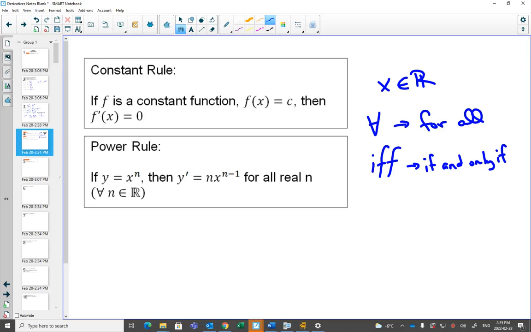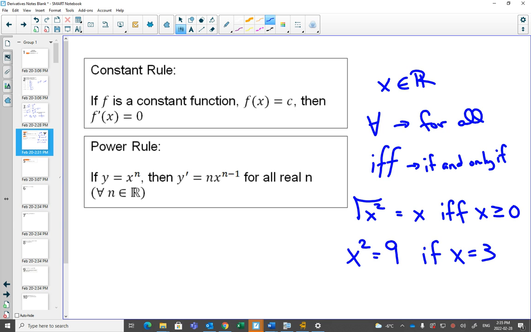For example, x squared equals x is different than this.